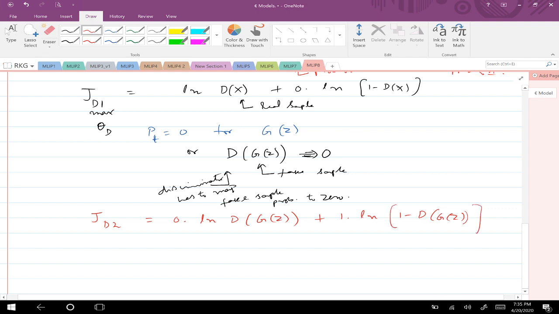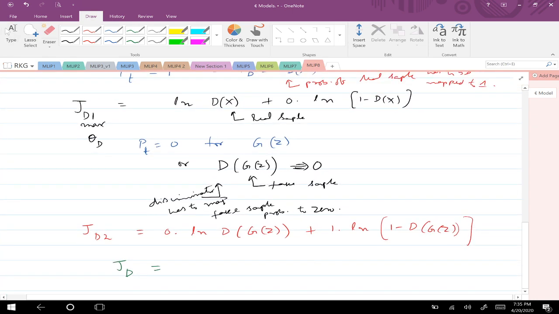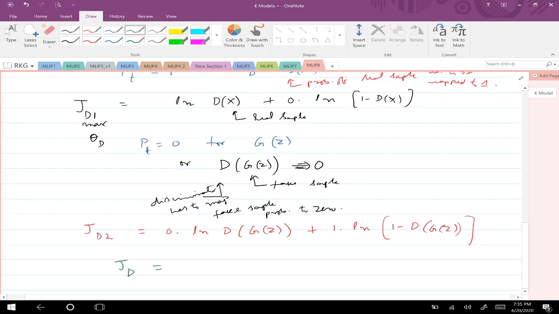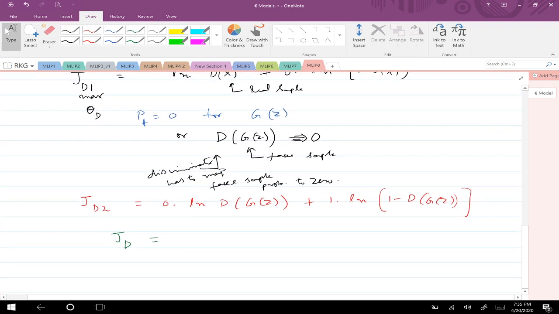Now bringing both together, please note that here this term is 0 and here this term is 0. The total cost function, or the objective function, of the discriminator is ln of d of x plus ln of 1 minus d of g of z.